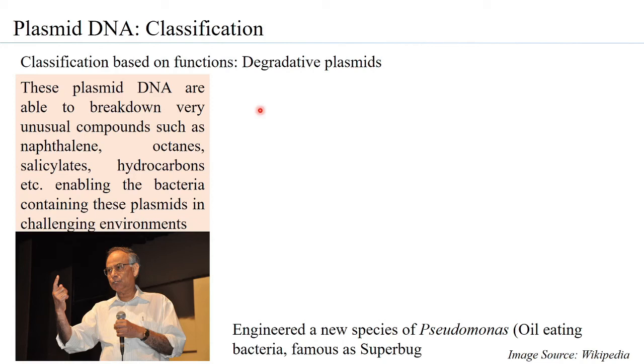Using the plasmids from various Pseudomonas species, he was able to engineer a new species of Pseudomonas that could degrade oil. Those Pseudomonas, called a superbug, were considered oil-eating bacteria, and were prospective bacteria that could be used to take care of oil spills in oceans, seas, etc.